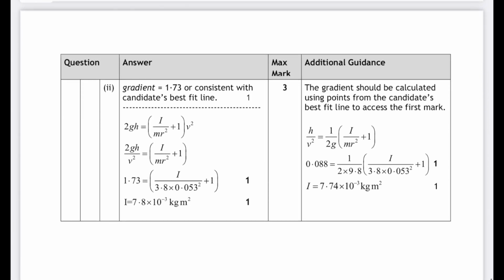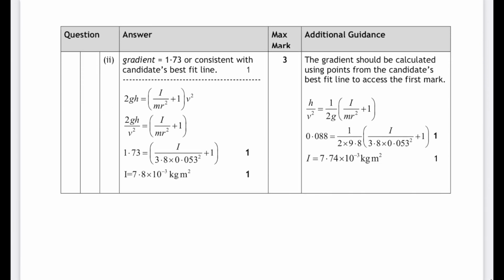And then part 2 was working out the gradient. Now they've got gradient equals 1.73 or consistent with the candidate's best fit line. So because there's always a bit of estimation involved with the best fit line, then there will be a range of gradients that are acceptable. So as long as it matches your points and your best fit line, I got 1.69.